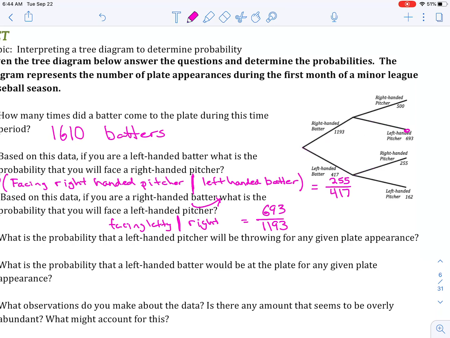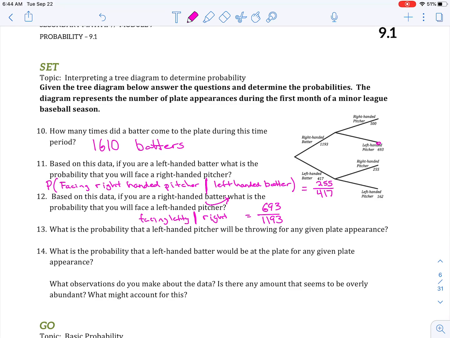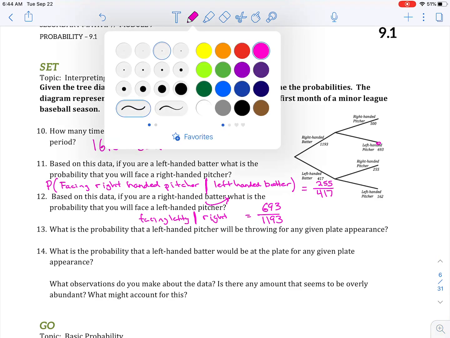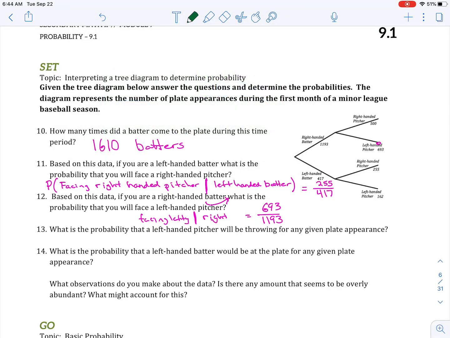Okay. Going on to 13. What's the probability a left-handed pitcher will be throwing for any given plate appearance? I look in the chart for my left-handed pitchers. So that is this and this. 693 of them threw to right-handed batters and 162 of them threw to left-handed batters.